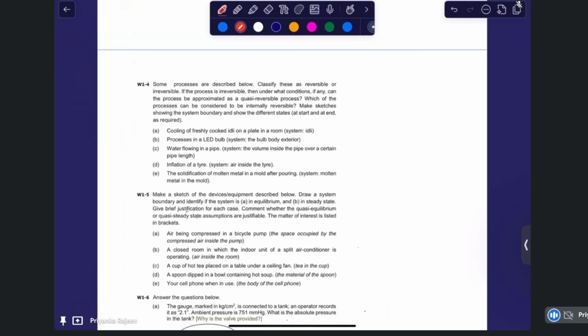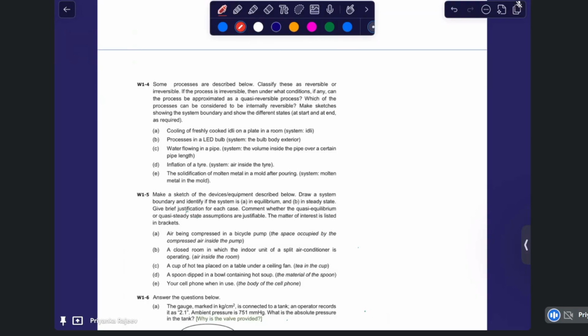Classify these as reversible or irreversible. If the process is irreversible, then under what condition, if any, can the process be approximated as a quasi-reversible process? Which of these processes can be considered to be internally reversible? Make sketches showing the system boundary and show the different states.